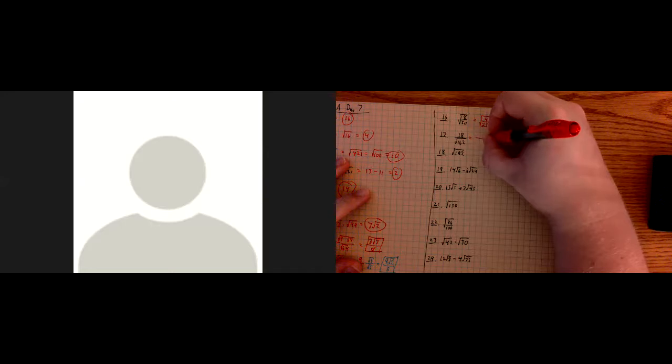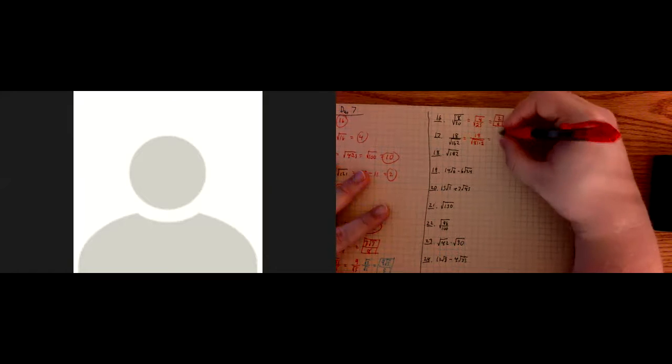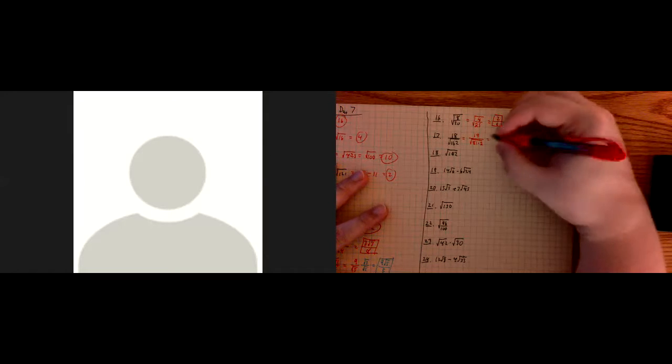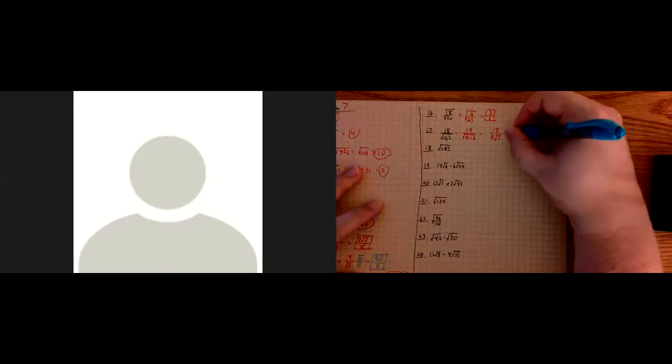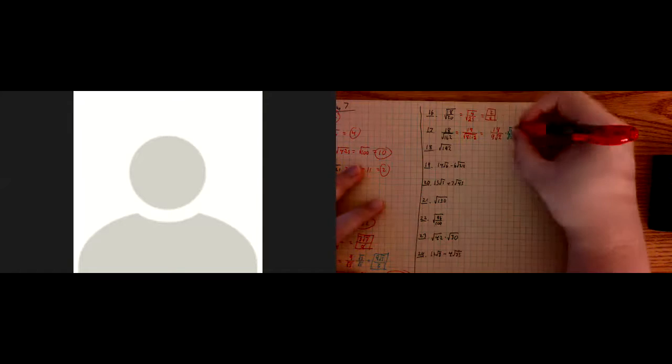Now this becomes 18 over, and 162 breaks down into 81 and 2. So on top we get 18. The square root of 81 is 9, radical 2. I'm not allowed to run around with my radical down, so I multiply by just the radical portion.